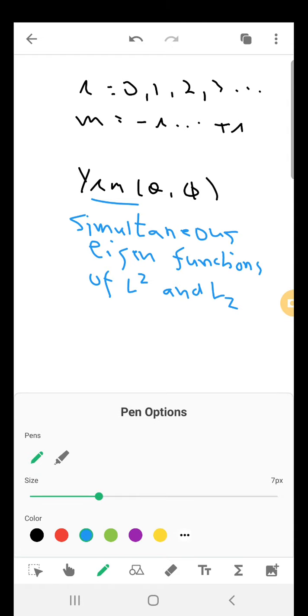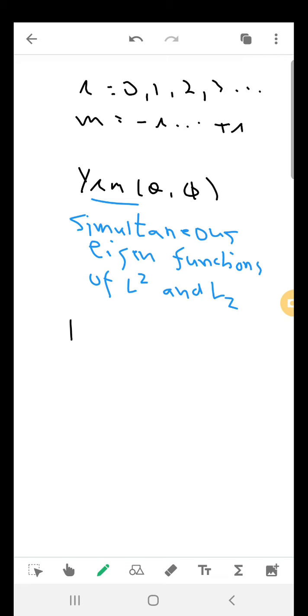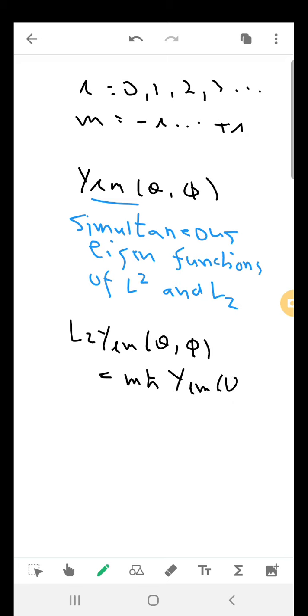So we can write Lz Y_lm of theta phi is equal to m h cross Y_lm of theta phi. This is your m h cross.